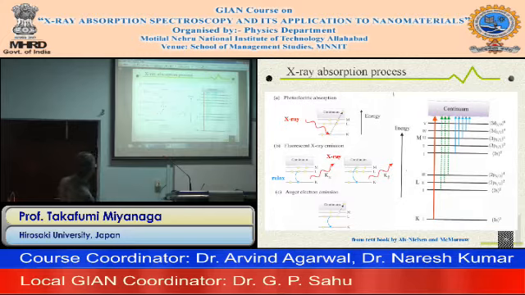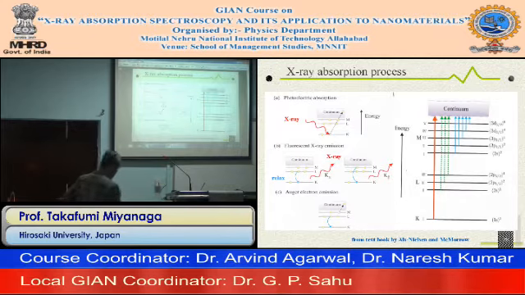If the electron comes from the M level to the K level, we call it K beta. In Auger electron emission, the vacancy also exists in the K level. Relaxation occurs, but the energy is converted to the excitation of another electron from the M edge. This is the secondary electron going up.